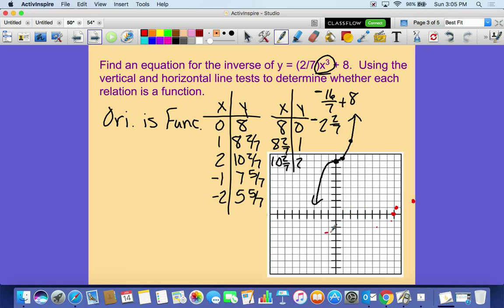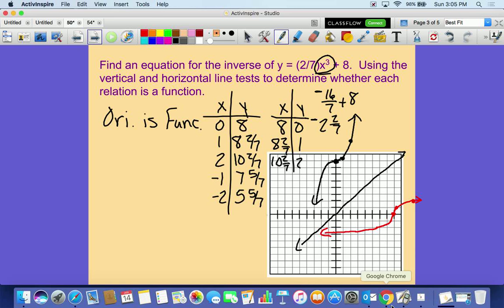Now what we see here is this graph. Now go back and pretend that we have this line y equals x here. You can see that if you flip our original over this line, it is going to end up something like my red line here. So that's what the graph looks like.